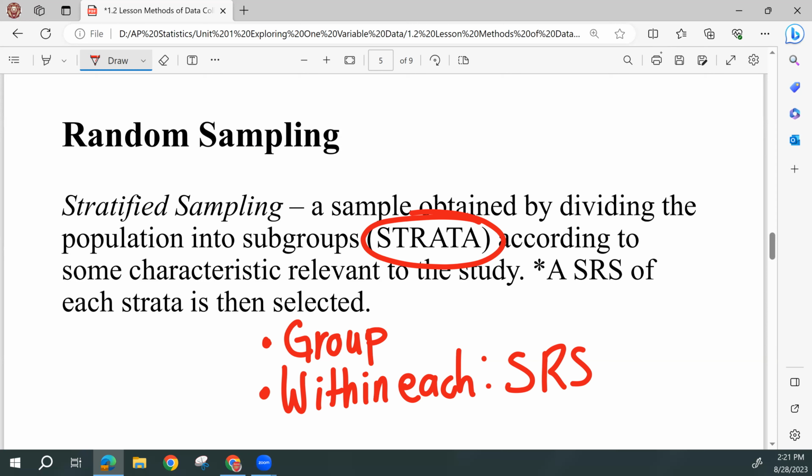And then within each group, we're going to take a simple random sample. So we get a simple random sample of 25 freshmen, a simple random sample of 25 sophomores, a simple random sample of 25 juniors, and then another simple random sample of 25 seniors. So again, we'd have to go back to our random sampling and we'd number the freshmen, randomly generate 25 numbers, number the sophomores, randomly generate 25 numbers, and so on and so forth.